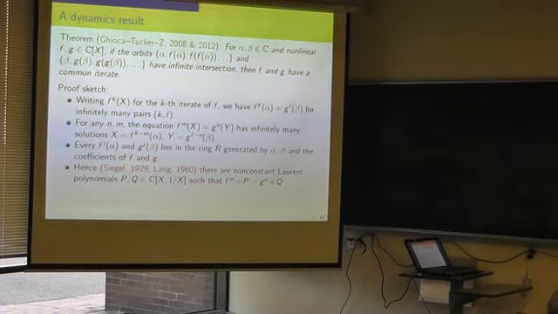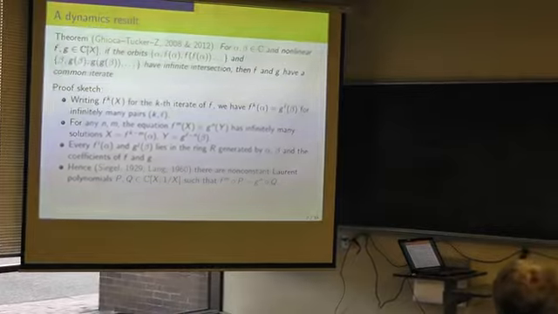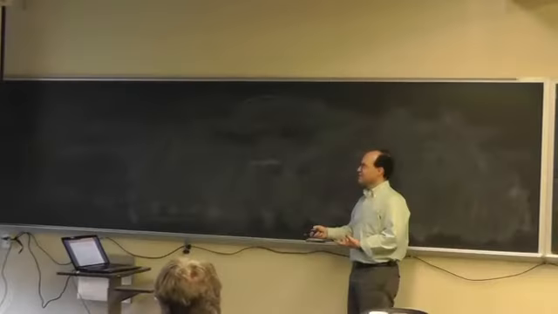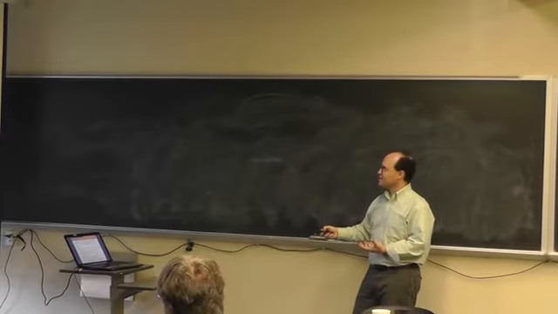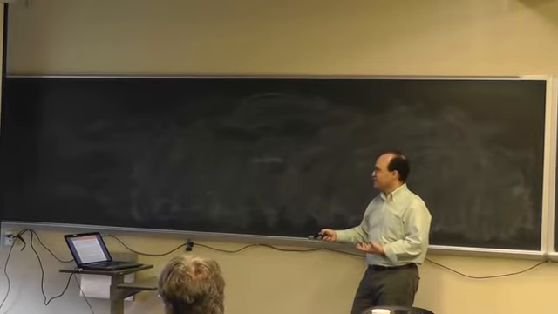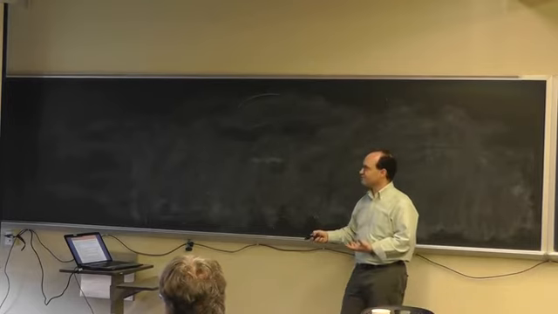It says as soon as you have some equation in two variables that has infinitely many solutions in some finitely generated ring, it has to have a family of solutions parameterized by Laurent polynomials. So this equation, f^m of x equals g^n of y, the fact that it has infinitely many solutions in R implies that it has a solution in non-constant Laurent polynomials.